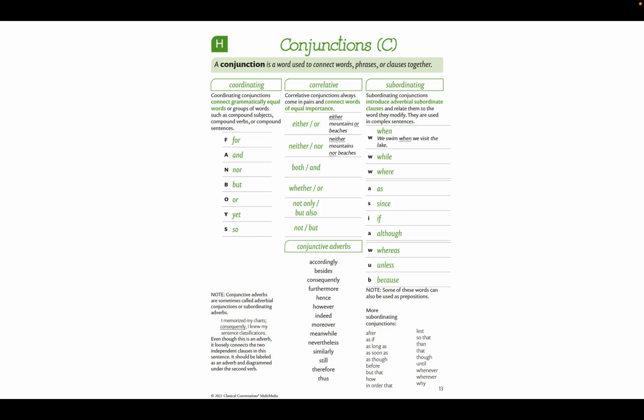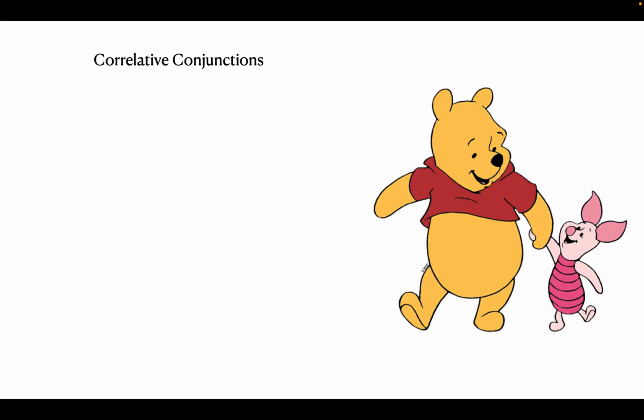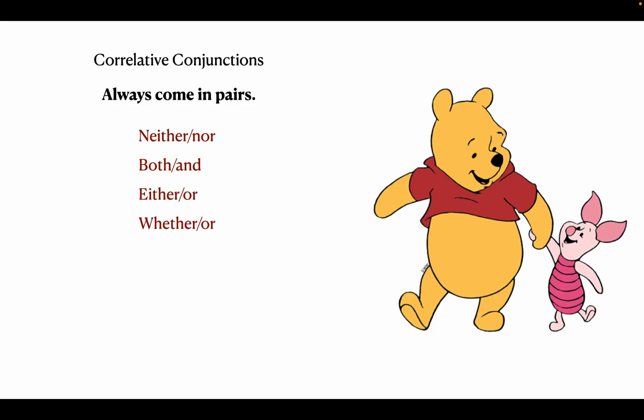So let's take a quick look at the other conjunctions on chart H. The next one over from coordinating conjunctions is correlative conjunctions. And these always come in pairs. Some examples are neither nor, both and, either or, whether or. So these also connect groups of words of equal importance.